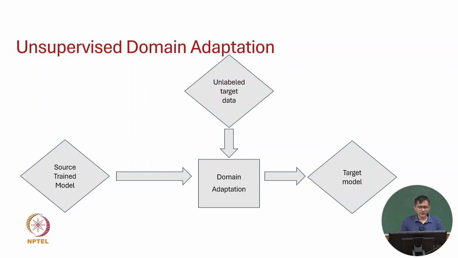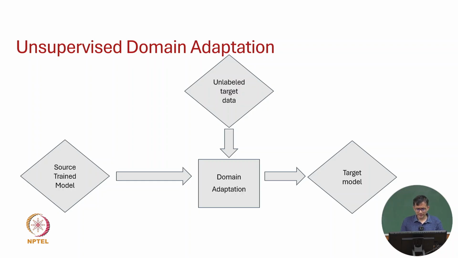So in unsupervised domain adaptation, the idea is that we have a source trained model and we have some data from our target domain. In this case, the source could be, let's say, the Sentinel-2 summer images. The target domain could be the Sentinel-2 winter images. And as I said, let us assume that it's difficult to annotate the winter images. However, we can collect some unlabeled winter images, okay?